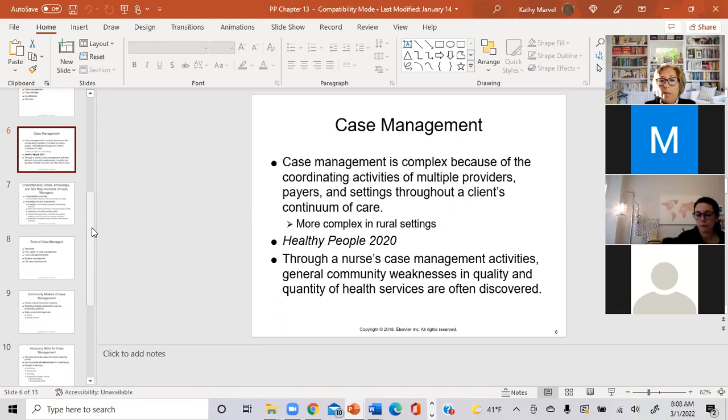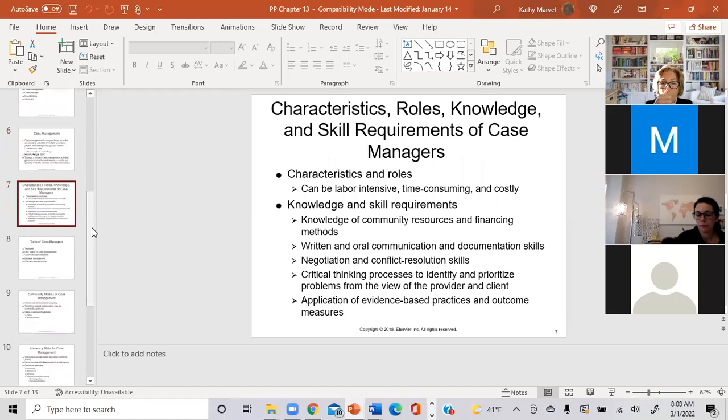Case management can look different, and it looks different in every situation. Characteristics, roles, knowledge, and skill requirements of case managers. You can have a look at that, but what pops out to me is the knowledge and skill requirements.